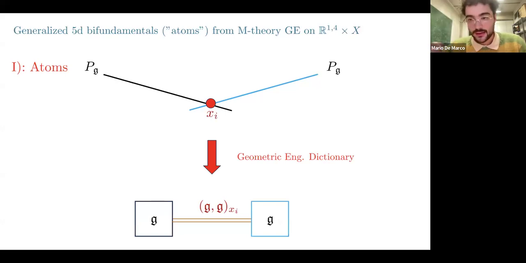But Calabi-Yau surface singularities are labeled themselves by ADE algebras, they are the so-called ADE singularities or du Val singularities, also known as orbifolds of C2 by a subgroup of SU2. But the important thing for us is that they are labeled by ADE algebras, and using the geometric engineering dictionary, namely looking at the dynamics of M-theory nearby these singular lines, the dictionary states that if there are such intersecting lines of du Val singularity, we have a flavor symmetry of type G times G, where G is the label of the du Val singularity. Okay.